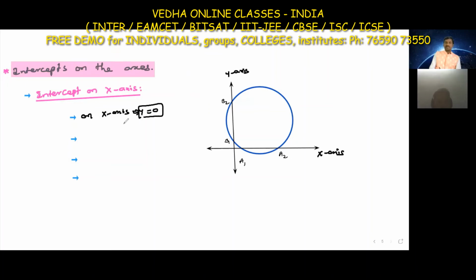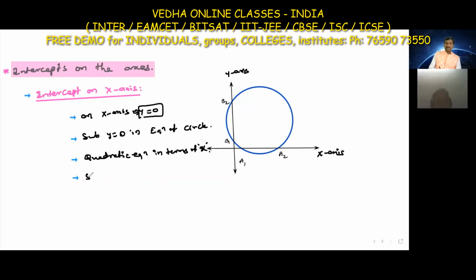Now we substitute y equal to 0 in the equation of the circle, so we get a quadratic equation in terms of x.